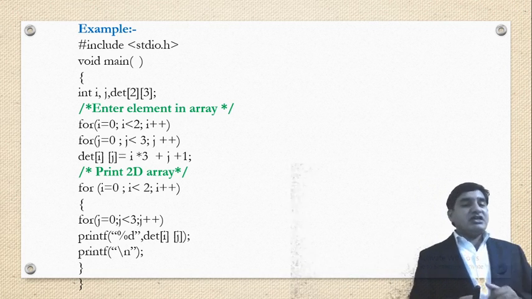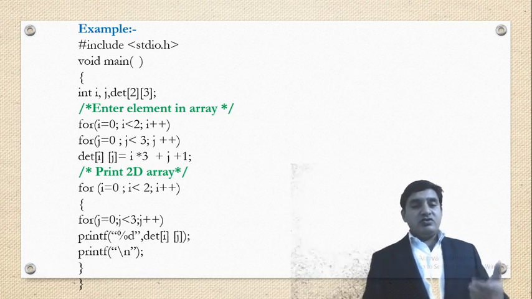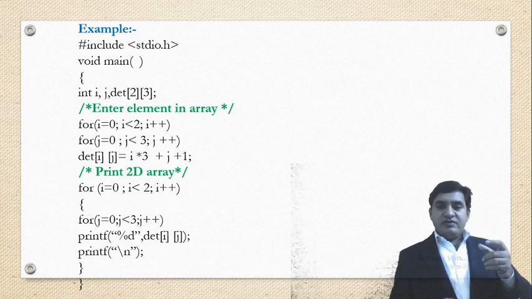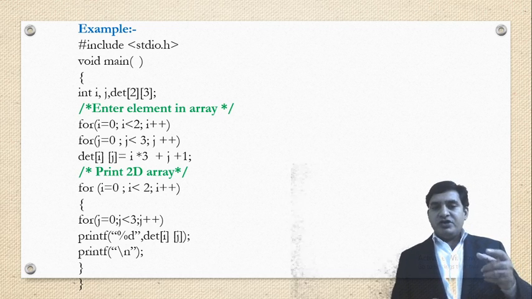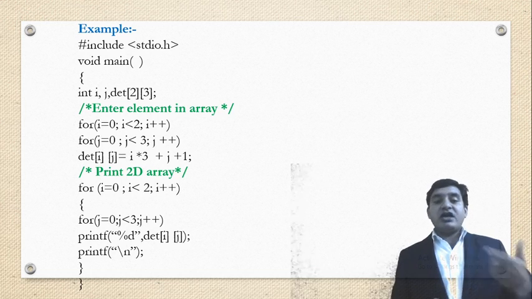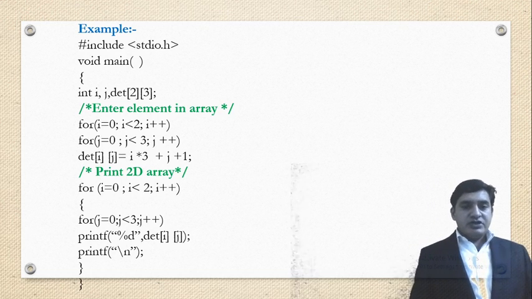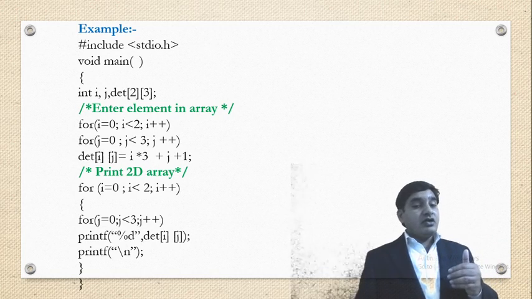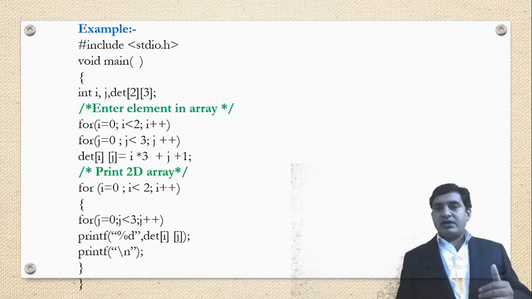Printf backslash n is used for a new line. The first for loop is closed by a closing curly bracket, and the total program is closed by the second closing curly bracket.